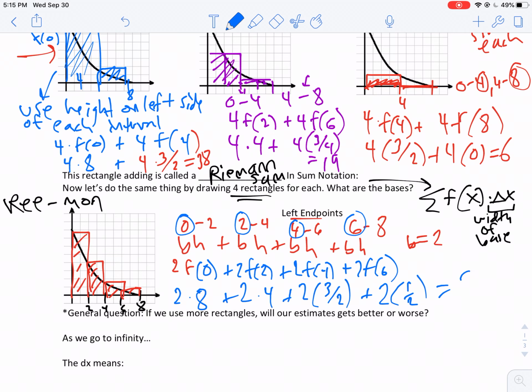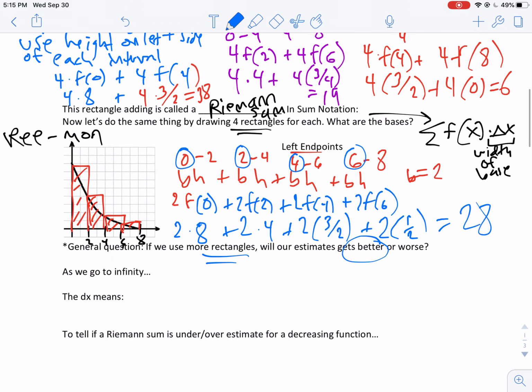Oh my gosh, math is hard. Looks like about 28. Now, still not a perfect estimate, but this is a better way to estimate. And as you would almost certainly guess, more rectangles is going to lead to better estimates. So that's something I would encourage. Okay, now, as you might also expect, as you go to infinity, the estimate becomes perfect.